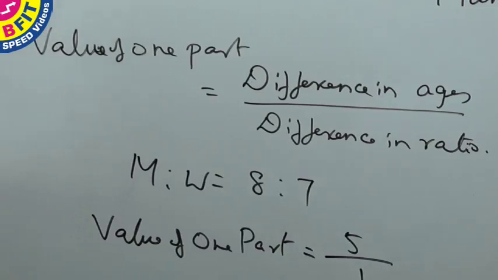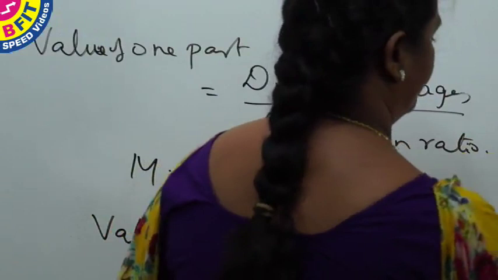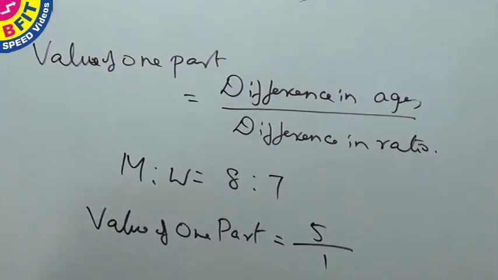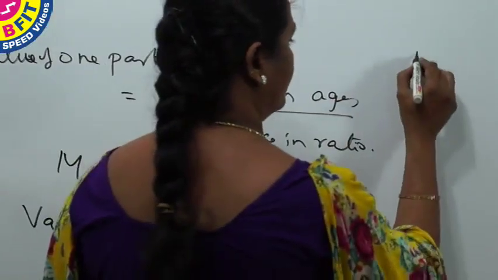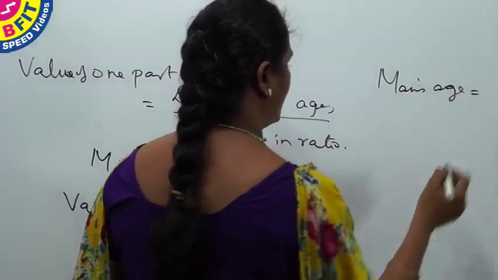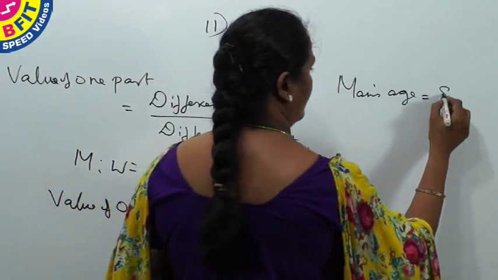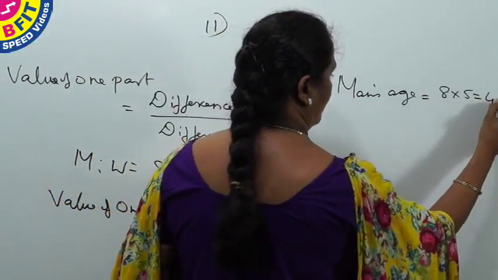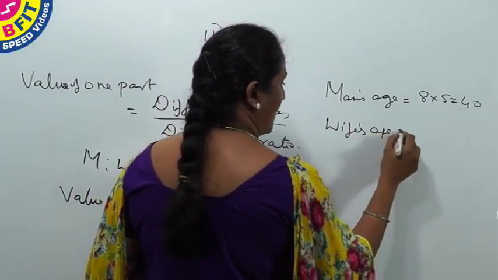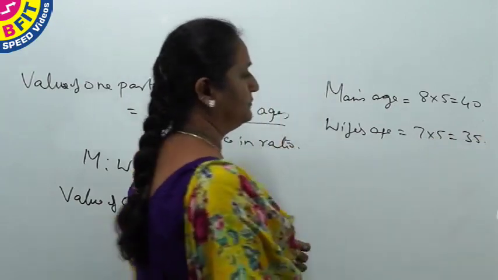So to find the man's age and wife's age after 15 years, we multiply.